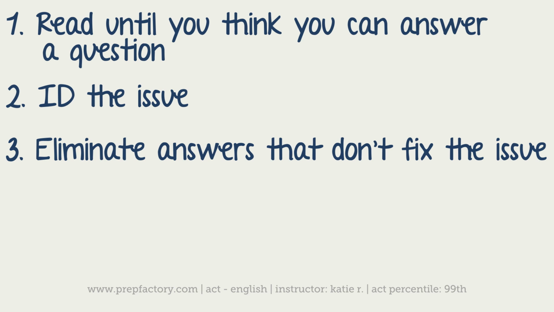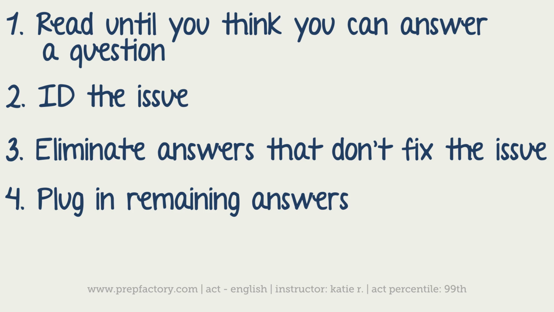So you want to look through things and try to see, okay, I thought that this was a run-on. What are the ways to fix a run-on? Do these answers actually encompass those ways or not? Now let's say that you did have a run-on, for instance, and one of the answers seemed to fix it with a fanboys, and one of it seemed to fix it with a semicolon. Okay, that's totally fine.